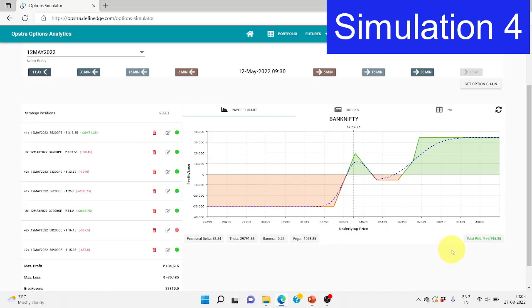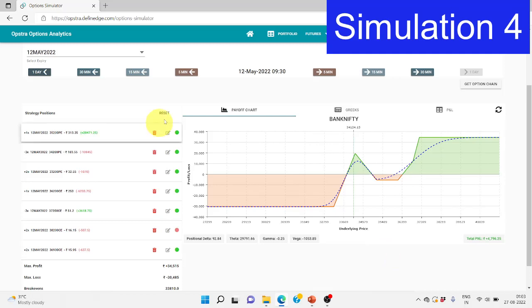But otherwise also you could have lost only 4,000 something, and you can end the trade. So you need not hold the trade, because anyway you have a very big range of 2,000. So you have this kind of buffer to take a risk on this strategy, so that you're not going to lose much, you can just escape the trade without losing a very big amount, even if you're not making any profit.